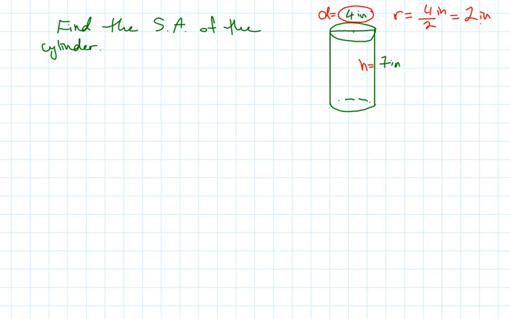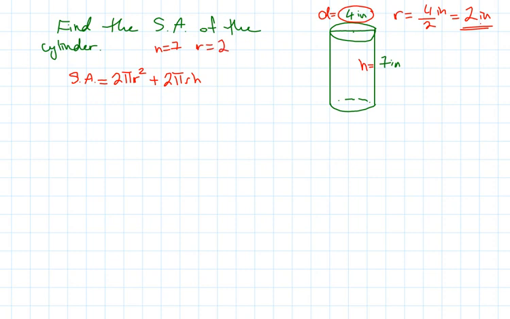That is important because that's what we use in the equation. So surface area is 2 pi r squared plus 2 pi r h. We know h is 7 and r is 2.